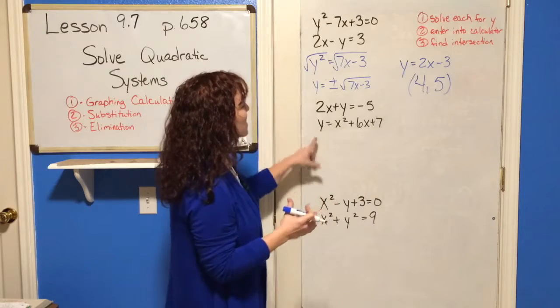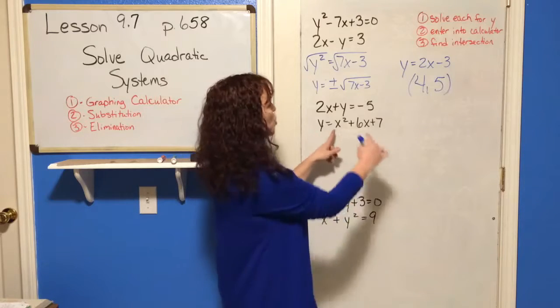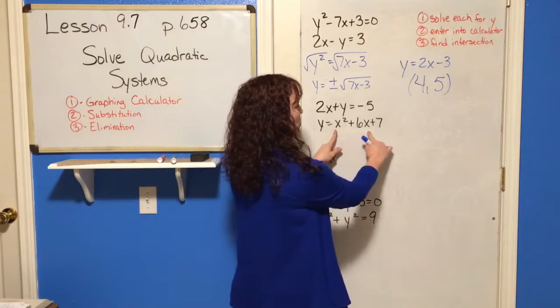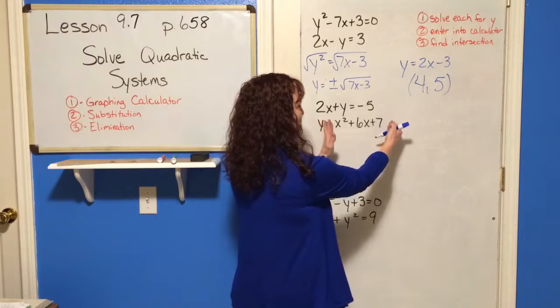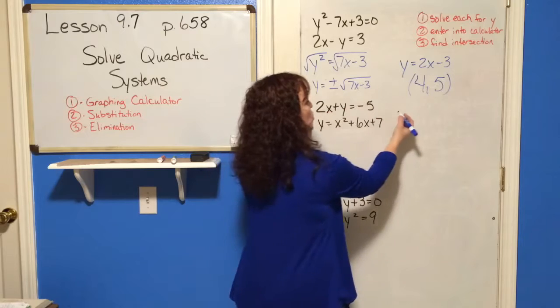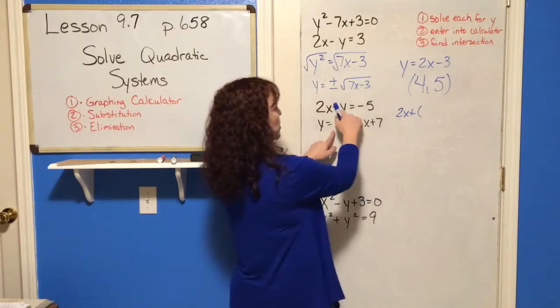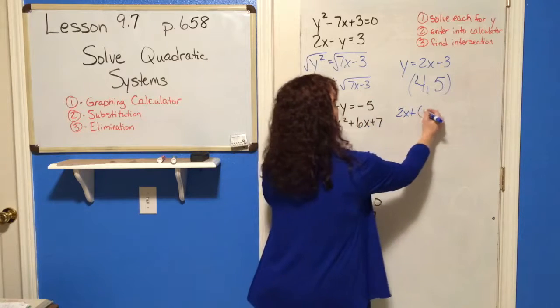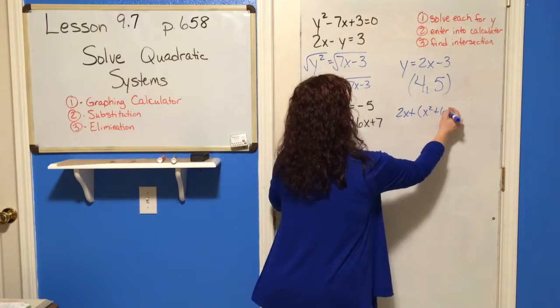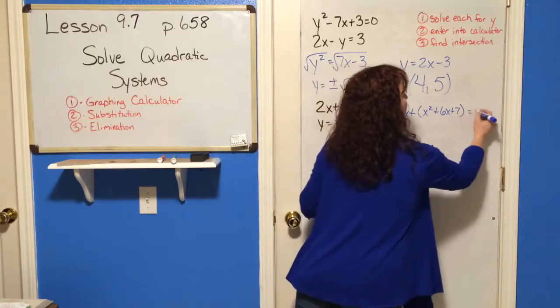In this case, the second equation is already solved for y, so we're going to use this whole x squared plus 6x plus 7 as a puzzle piece and put it into the other equation for y. So we end up with 2x plus this whole thing, so x squared plus 6x plus 7 equals negative 5.